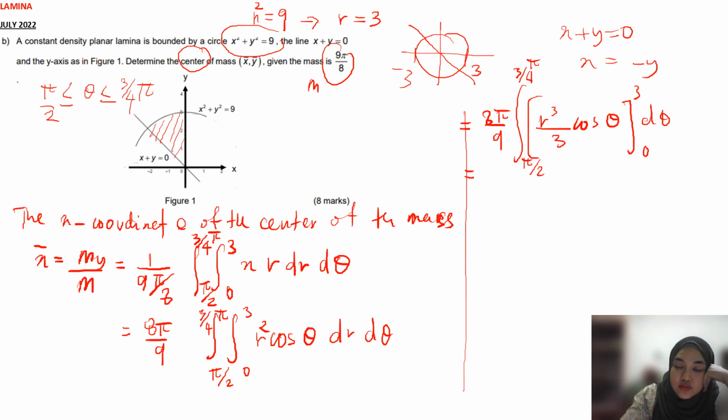This one, 3 to the power of 3, 27. You calculate now. 3 to the power of 3, yeah, 27 divided by 3. You will get 9. As you get 9, you can simplify with this one. You get 9 cos theta.